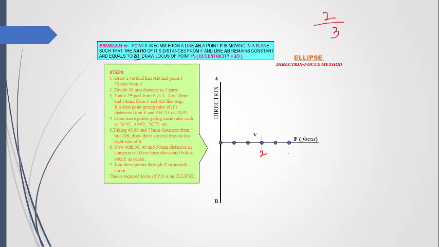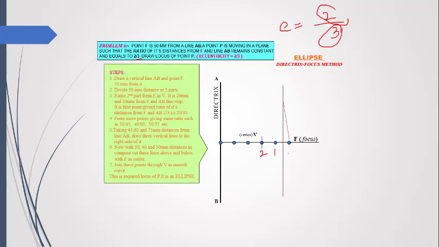So the distance of the point from the focus is 2, while from the directrix it is 3. So here 1, 2, and on the other side 1, 2, 3. So I will take the vertex here on position 2.